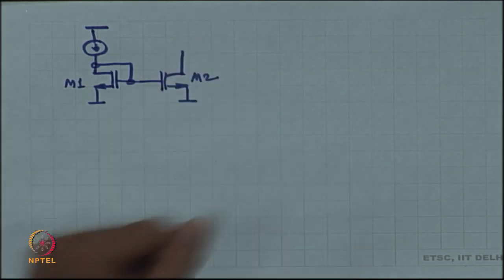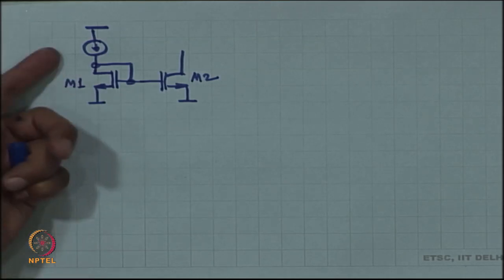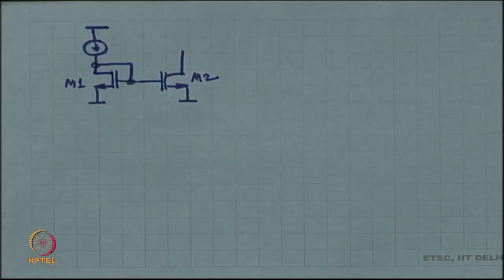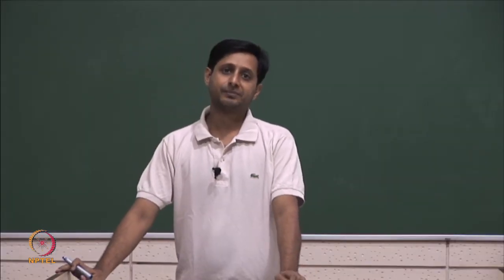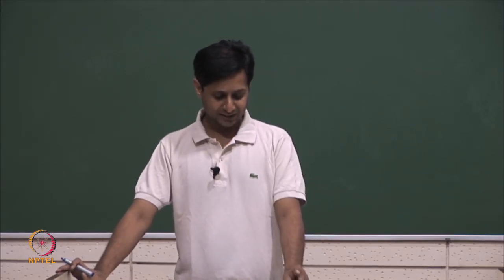Now, this copy of the reference current need not be an exact copy, it could be a proportional copy. So, for example, this is 1 milliampere, this we could make 0.1 milliampere, we could make 1 milliampere, we could make 10 milliamperes, 100 milliamperes, whatever you want. Okay. So, this is as far as we had discussed.